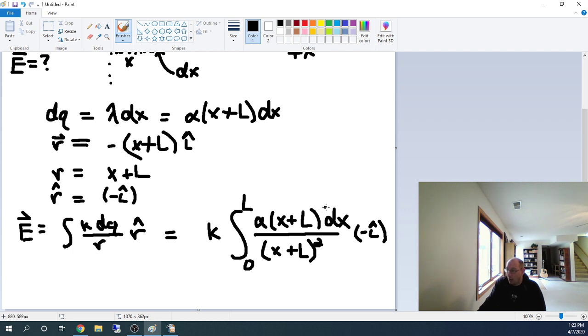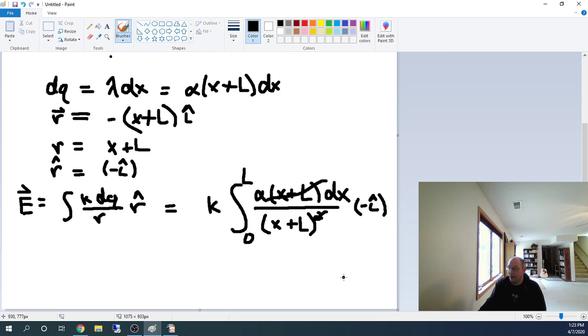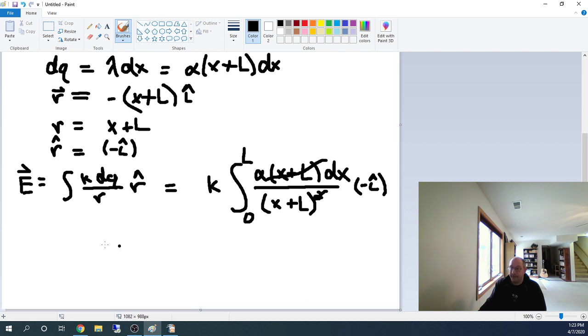Notice that this is going to cancel partially with that, so that this integral gets a little easier. I'm going to stretch this out a little bit more so I have a little more space. Okay, so now this integral becomes negative k times i hat.